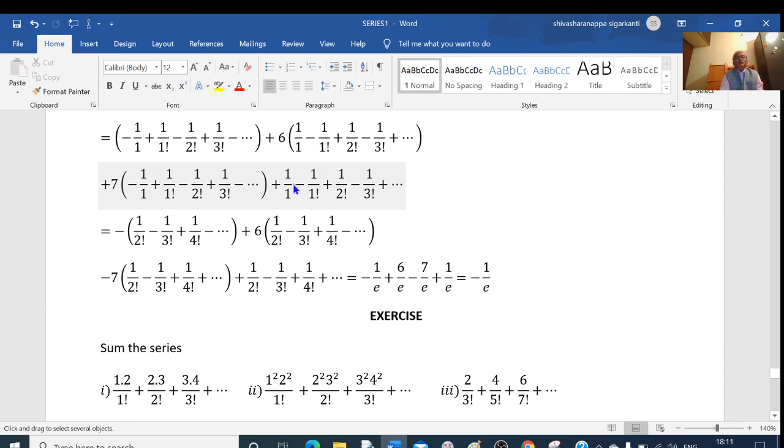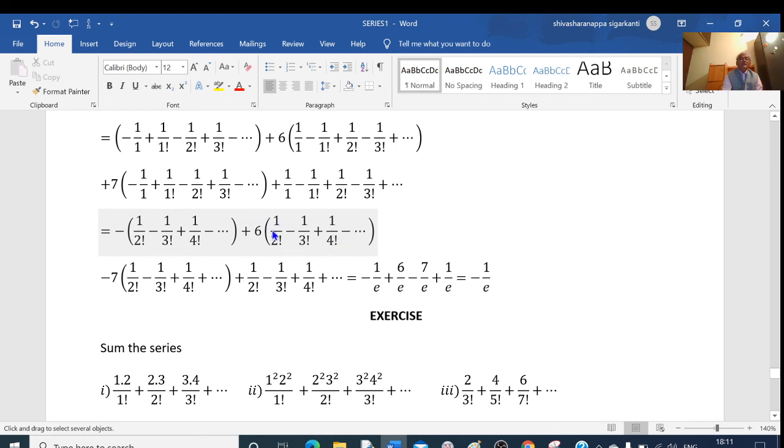And the last term, again these two terms get cancelled. We are getting 1 by 2 factorial minus 1 by 3 factorial plus 1 by 4 factorial and so on. These are nothing but 1 by e values.